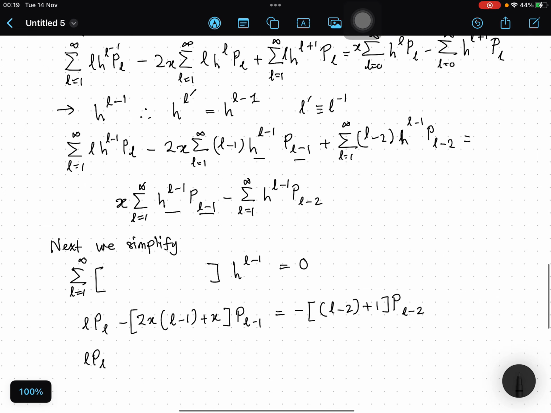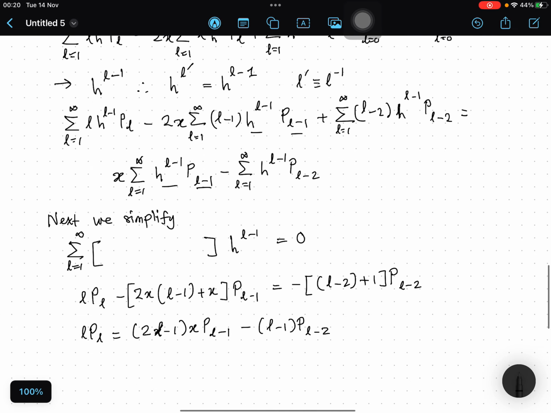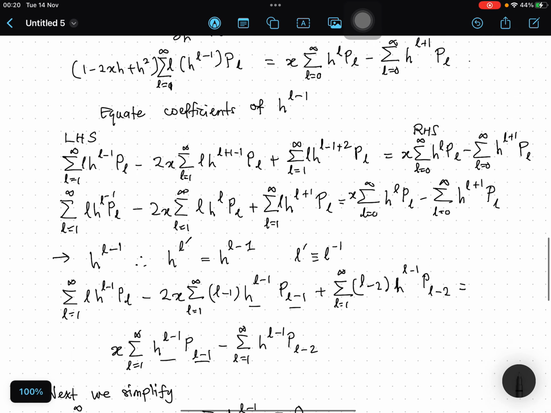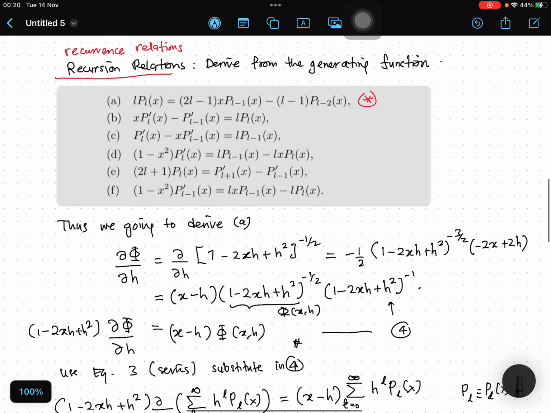And then you have pl equals to (2L minus 1) x pl minus 1 minus (L minus 1) pl minus 2. Okay, so this is the same as your star.